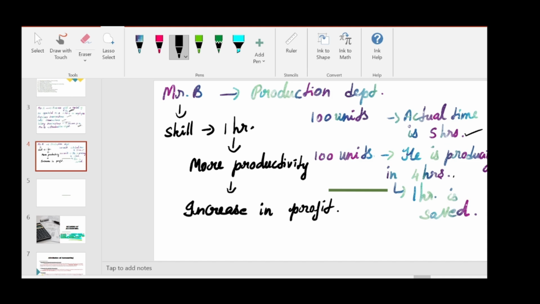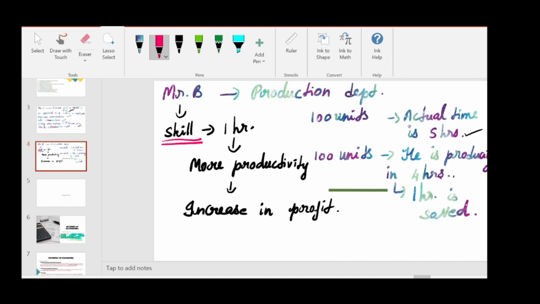If there is more production, then if there is demand, the sales will automatically increase, and our profit will also increase because of that. So our profitability increases because of Mr. B's skill.